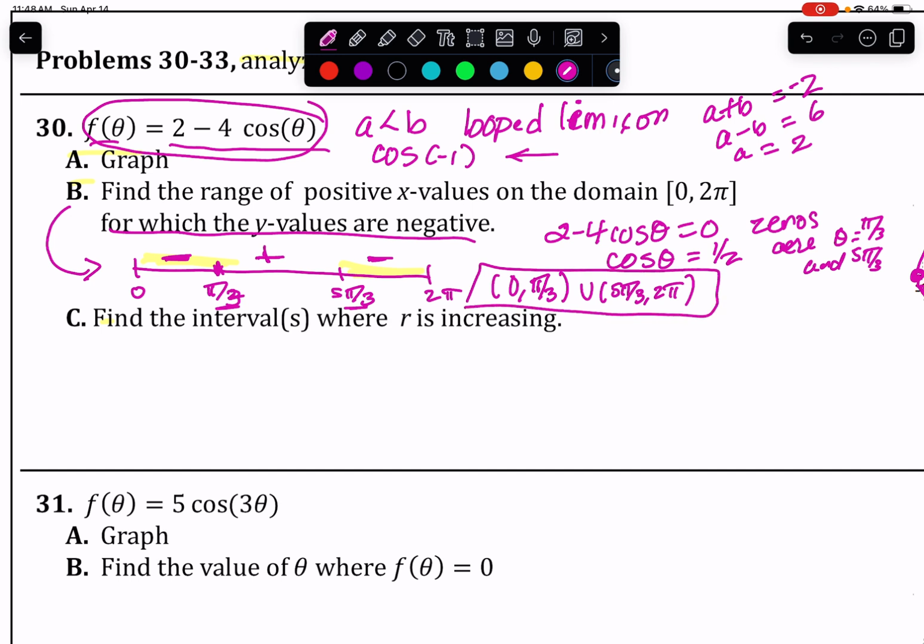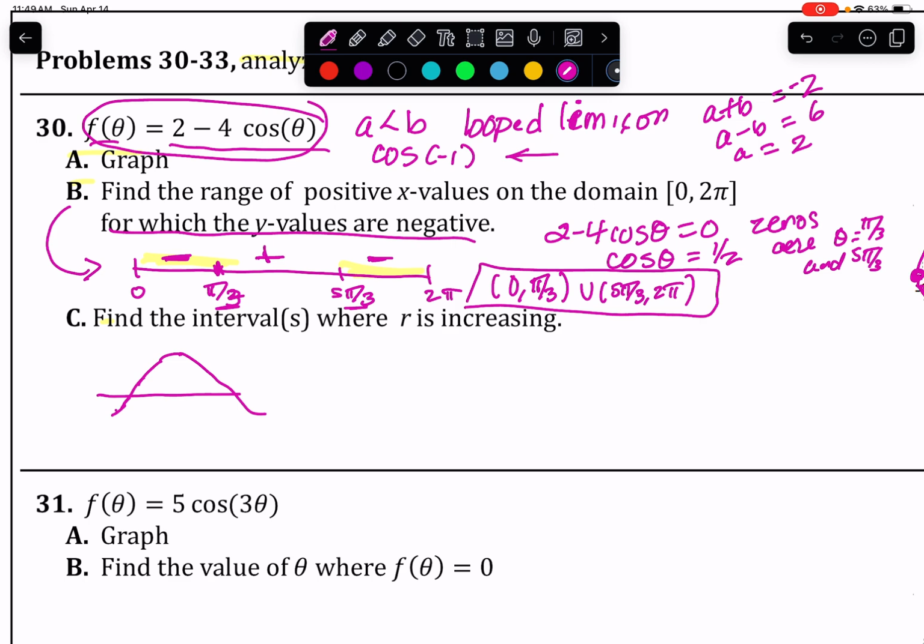Now it says find the intervals where r is increasing. Okay, so if you look at your graph, you can see that it's negative, and then it goes positive, and then it comes back negative.